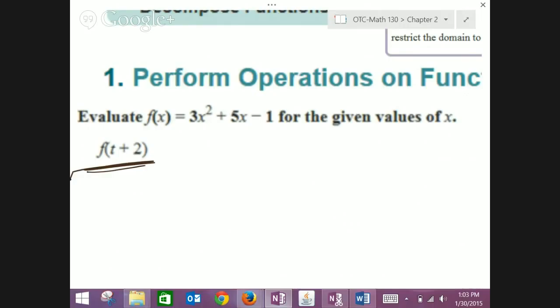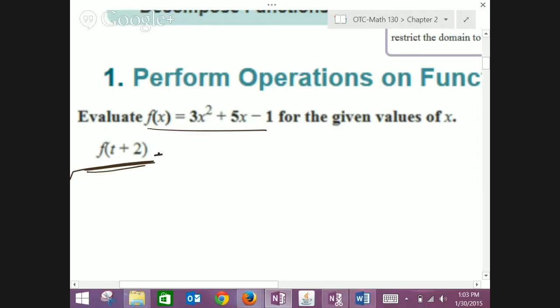So bear with me. If we're given this expression and we want to evaluate it at t plus 2, this comes up because it's part of the difference quotient, and the difference quotient is a very important concept in college algebra because it comes with slope. If we talked about the slope of a point, we're going to talk about the slope of a function. So what is f of t plus 2?